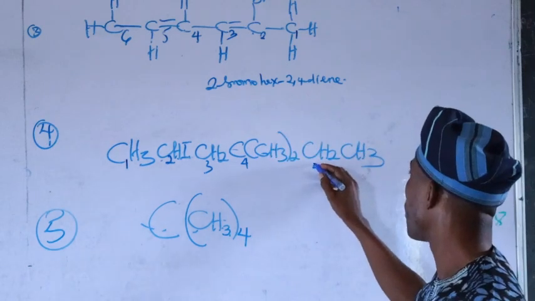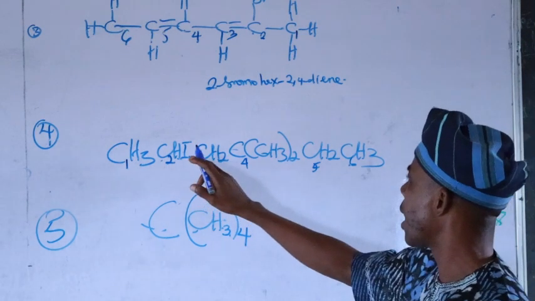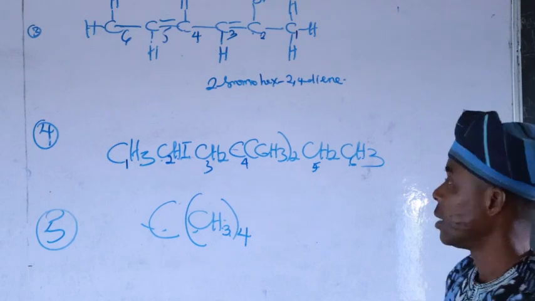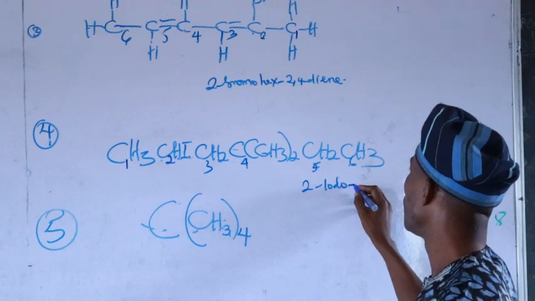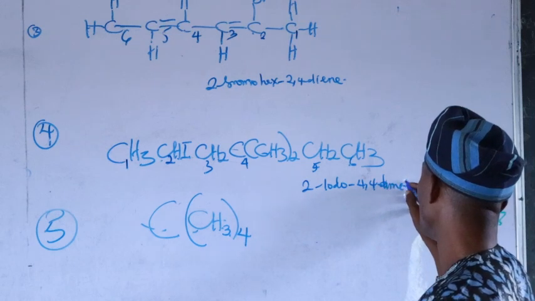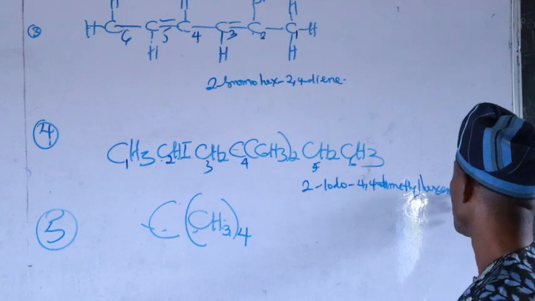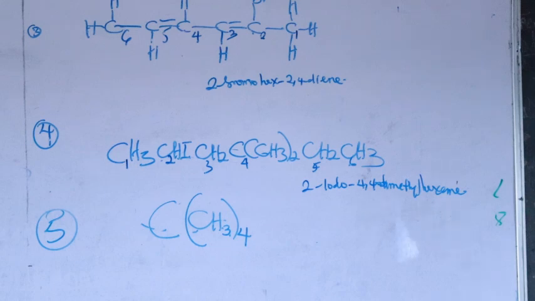Then you have 5, 6. Which one comes before, iodine or methyl? I before M. So it's 2-iodo, and that is what you have for 4,4-dimethyl. Dimethyl what? Hexane. 2-iodo-4,4-dimethylhexane.